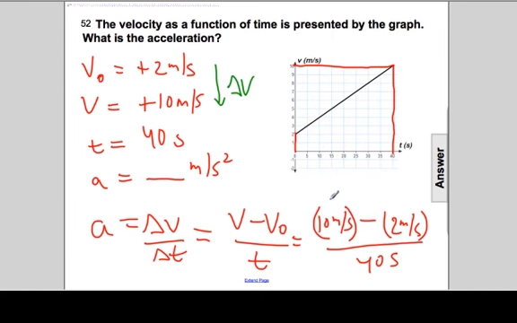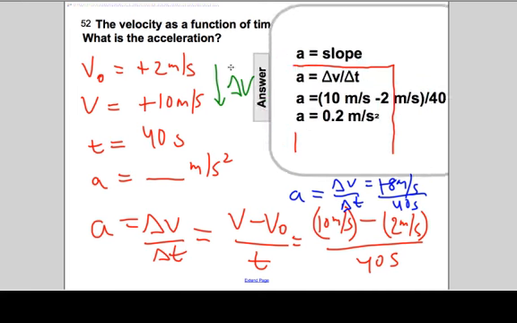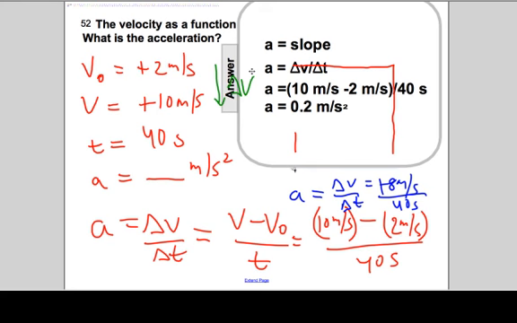So this will give us a delta v of positive 8 meters per second and a delta t of 40 seconds. So we can find the acceleration. It's a fraction of a meter per second squared. Let's reveal the answer. 0.2 meters per second squared.